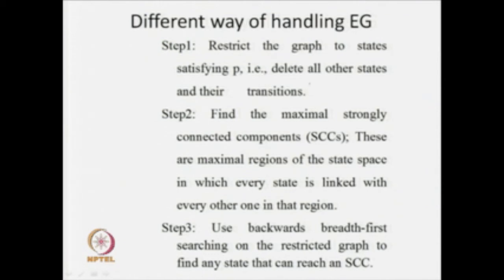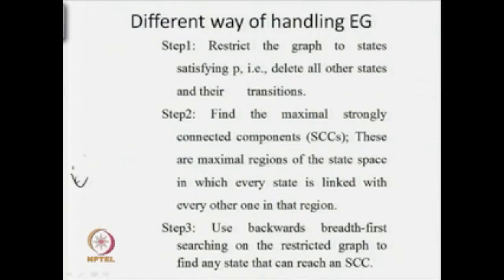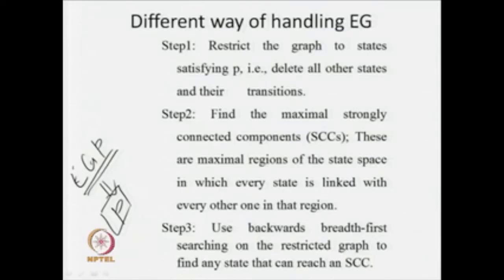Now, you are giving me the entire state space. When we are going to look for EGP, that means I know that the state space is already labeled by this particular formula P or atomic proposition P. Now, we will take the entire state space and work with a restricted graph. We delete the states where P is not true, along with their transitions. So, we are restricting it.